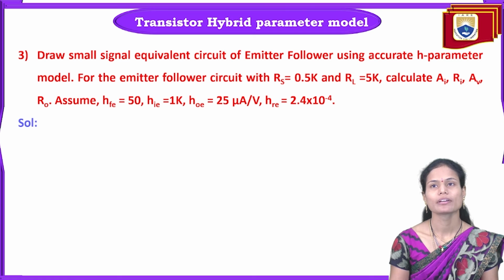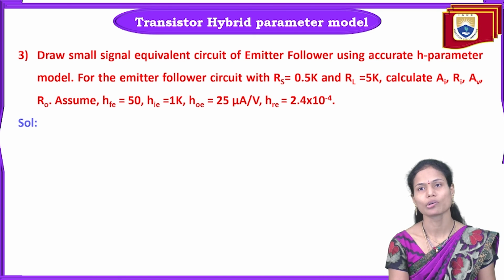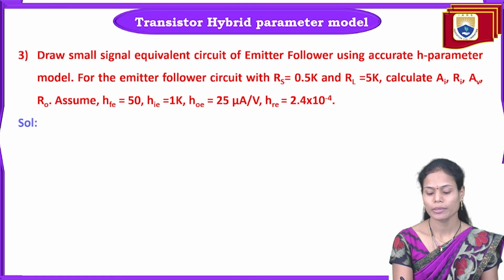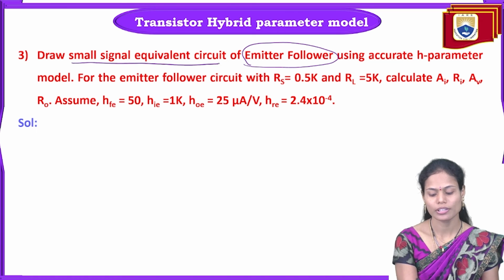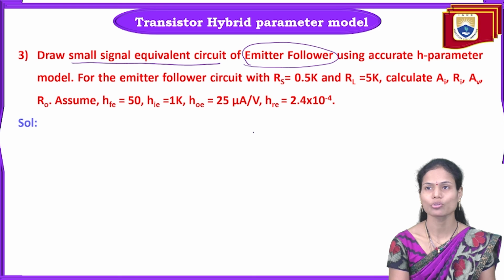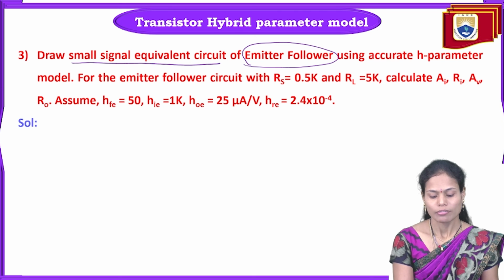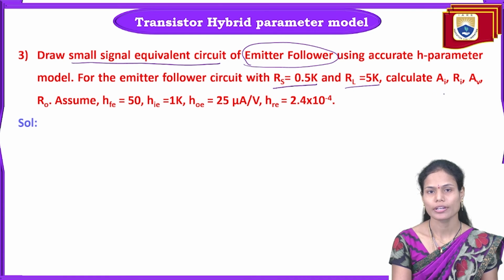So we're coming to the next problem. Draw the small signal equivalent circuit of emitter follower. So here emitter follower is nothing but again the common collector circuit. We have to draw the small signal equivalent circuit of the common collector configuration by using the given H parameters as well as circuit elements. For the emitter follower circuit with source resistance this much and the load resistance of 5 kilo ohms, calculate all the amplifier parameters: current gain, voltage gain, input and output impedances.